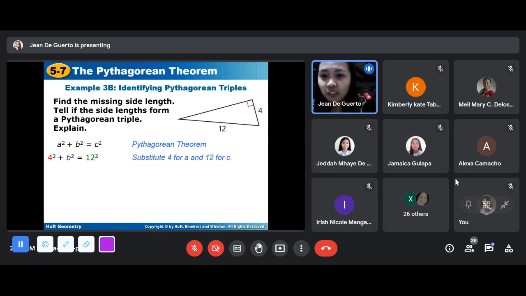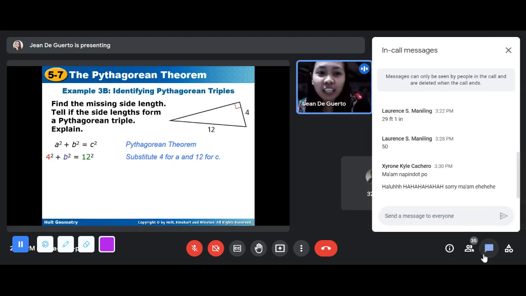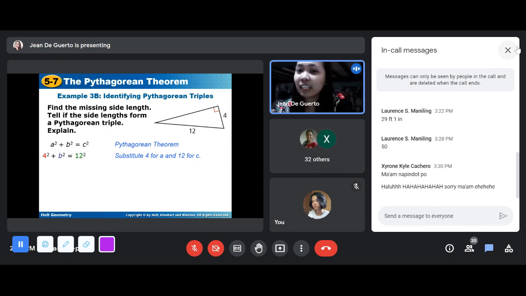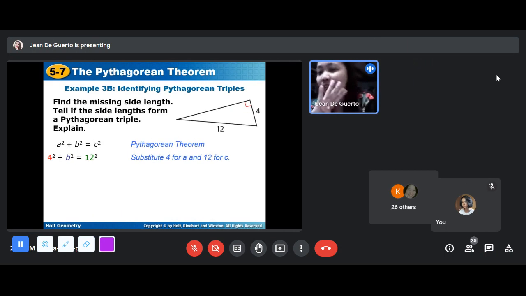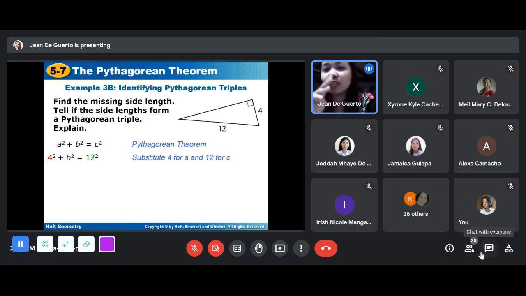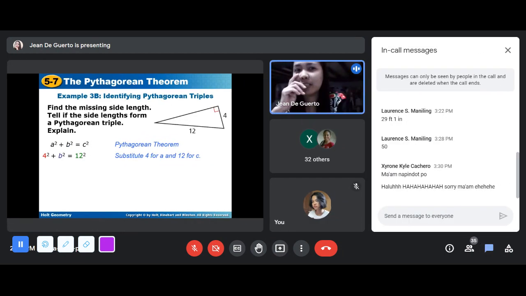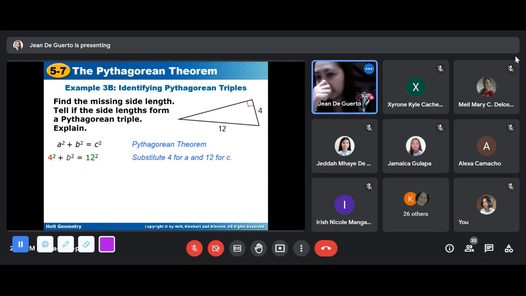Cyrone, may hindi ka pa nasasagutan na quiz. Remind ko lang, may 4 na kayong quiz. Kaya dapat 4 na yung quiz na nasagutan ninyo. Check nyo yung classroom. Pag may pending kayo, sagutan nyo na. So far, nung nag-record ako, may 2 quiz na hindi pa nasagutan si Cyrone.